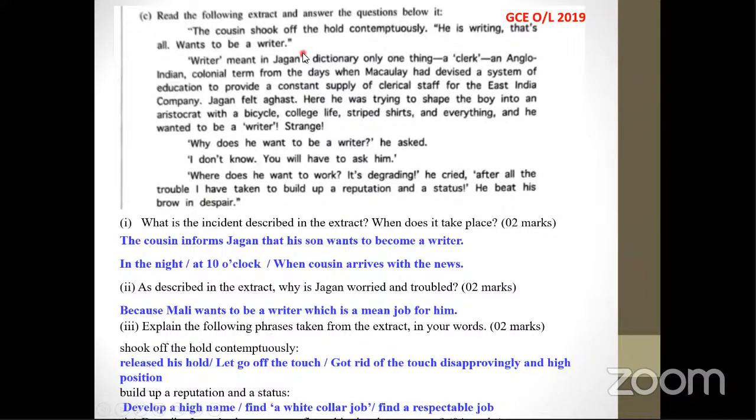So when you answer this part B section, all the answers are coming from 1 to 3. All answers are related here. They are coming in this extract. So you don't have any problem of getting how many marks? 6 marks. 6 marks you can get with these 3 parts because you get everything here.